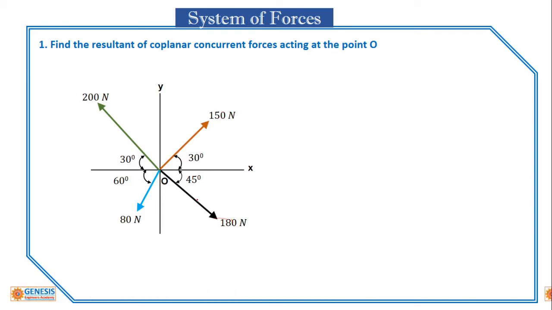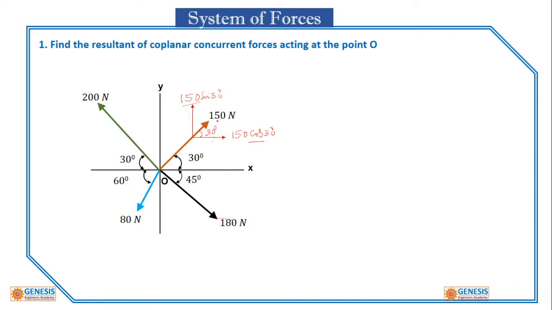So we have to draw the x-axis and then y-axis, and resolve the components for this one. So if I take this one, this is the x component of this force and the y component of this force. So this angle is 30 degrees. Then it becomes 150 cos 30 degrees, and this becomes 150 sin 30 degrees. Okay, so this is the horizontal component of this force, and this is the vertical component of this force.